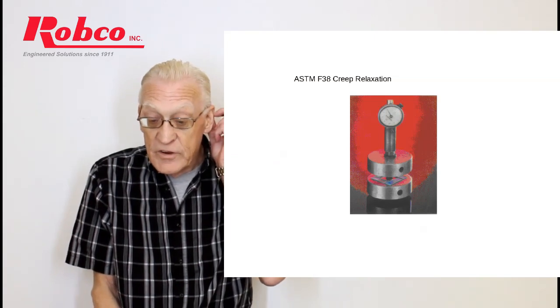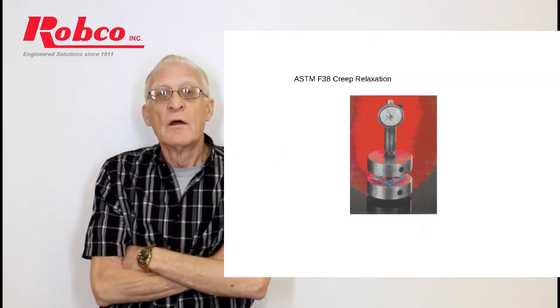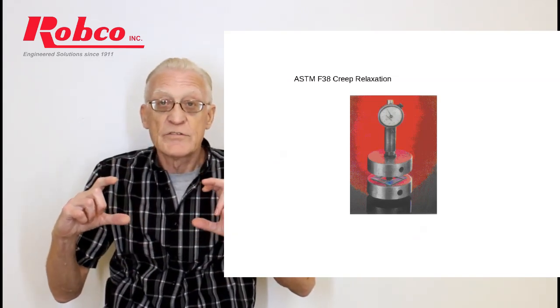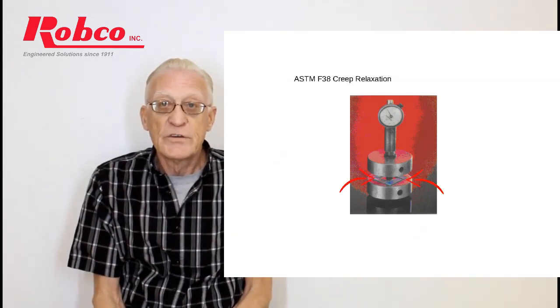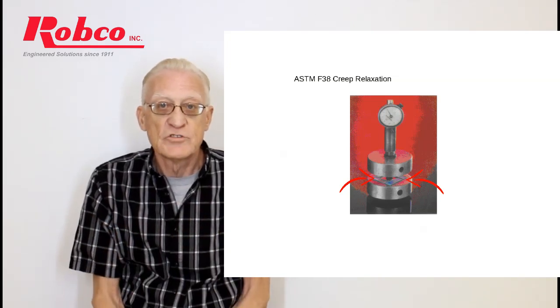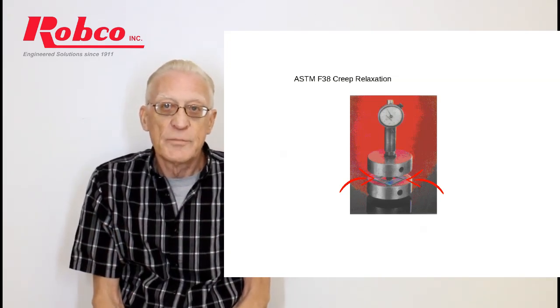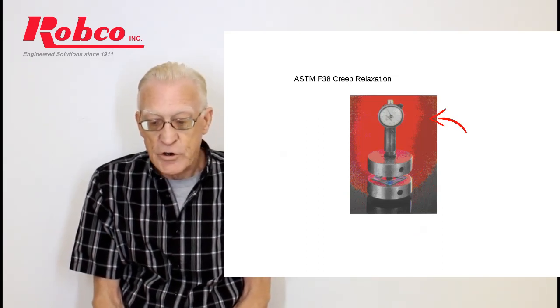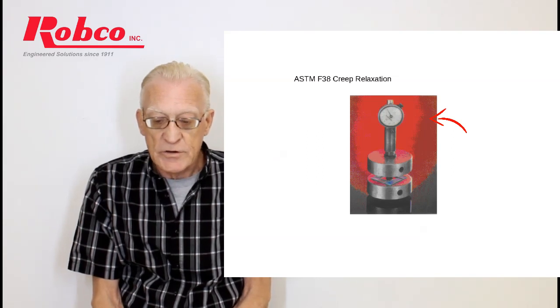So here's a picture of the actual ASTM creep relaxation fixture. You'll see that it's basically two platens with 4 pieces of gasket. Those 4 pieces add up to 2 square inches so that our load will be in PSI. You have your shaft and a pressure gauge or a torque gauge on the top.